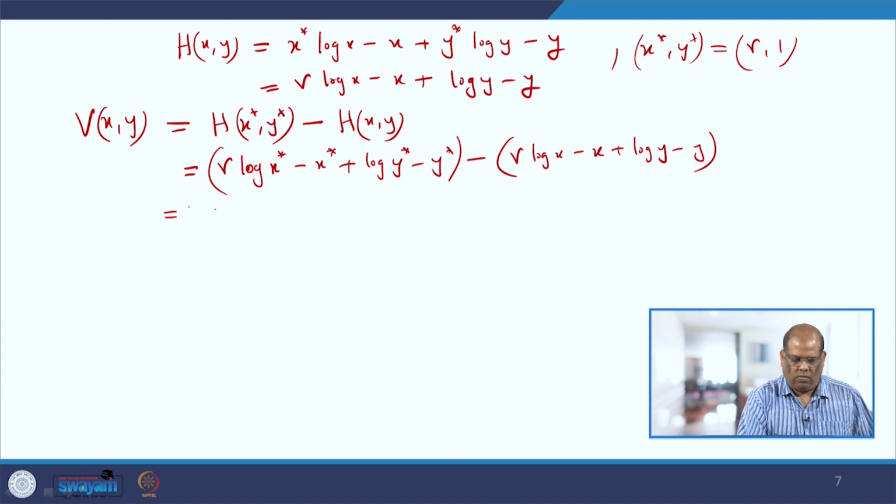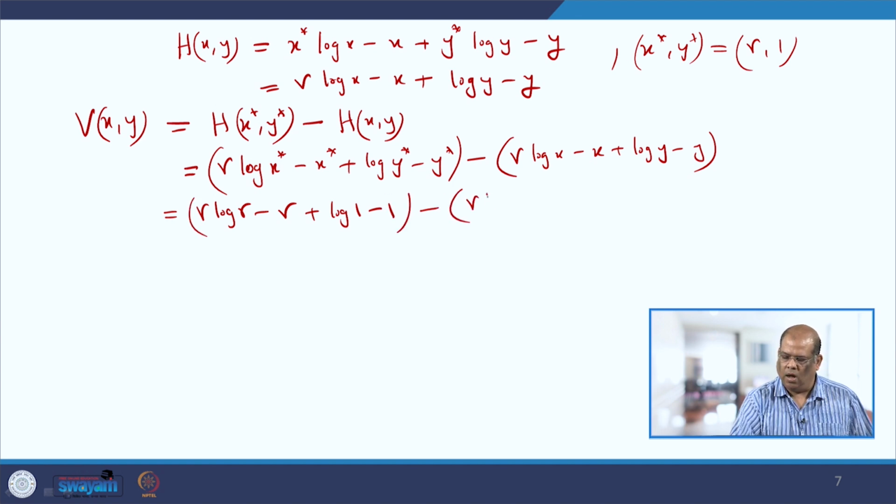So, this is equal to gamma log gamma minus gamma plus log 1, which is 0, minus 1, minus gamma log x minus x, plus log y minus y.